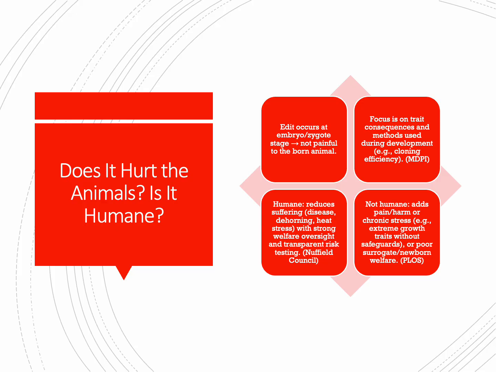When it gets to being not humane is when it adds pain or harm or even chronic stress to the animal, such as the extreme growth traits, and there's no safeguards, especially if there's poor surrogate and newborn welfare. There needs to be a lot of oversight when it comes to that. But as I've mentioned before, that growth trait in total is a humanity question of ethics.